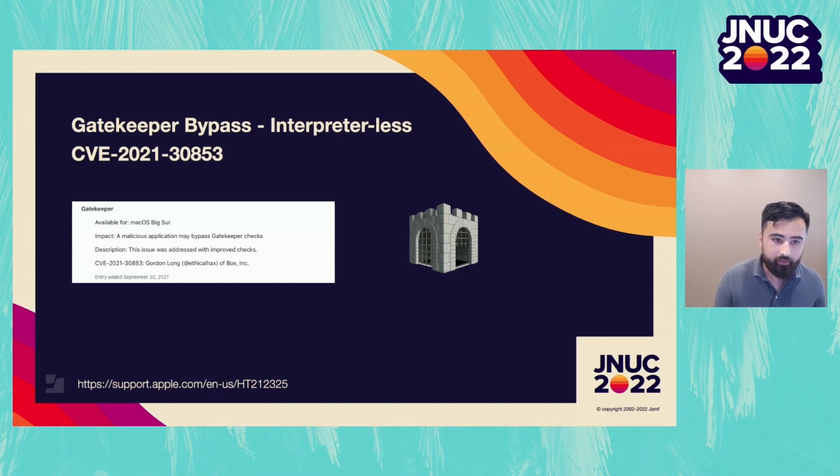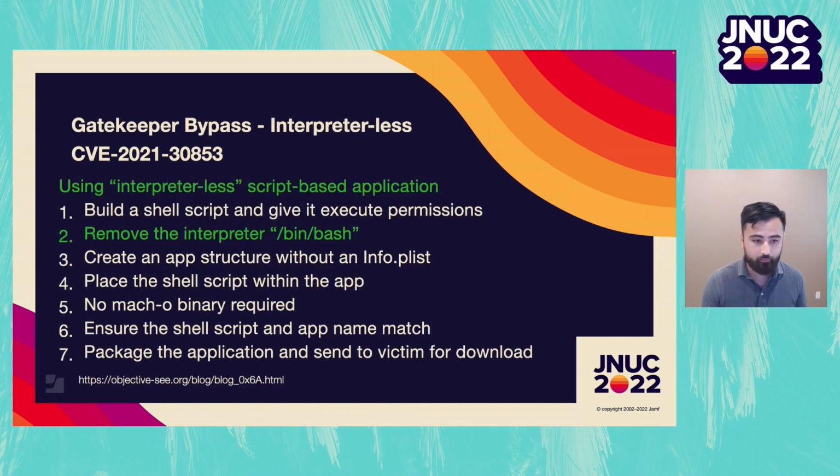The next bypass technique is really similar to the one we just covered, and this is what I like to call the interpreterless method. This was discovered by Gordon Long, also patched in macOS 11.3. Very similar to the previous one, except this time we're using an interpreterless script-based application. What that means is that you'd be removing the interpreter portion of it, so the /bin/bash.